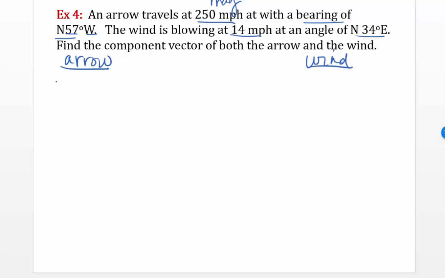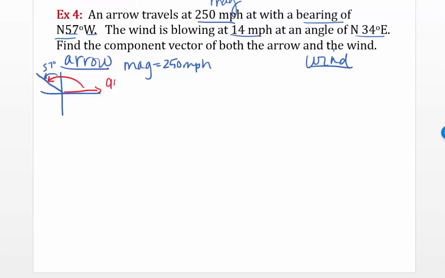The arrow, the magnitude is 250 miles per hour, right? And then it's northwest, so let's draw this. Northwest is up here. This is 57 degrees, right? So first thing I need to do is convert this to a standard angle. So it's the angle that starts here and actually ends here.